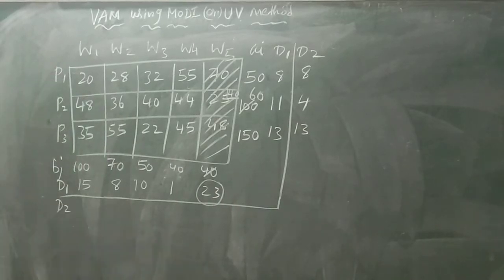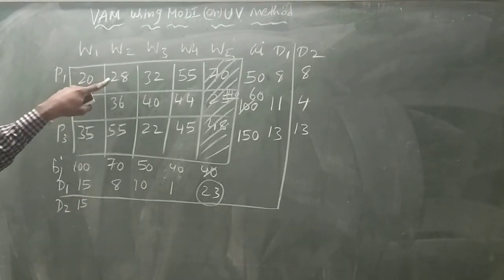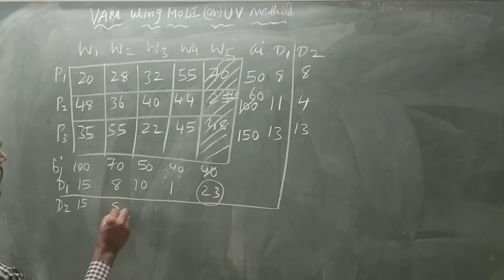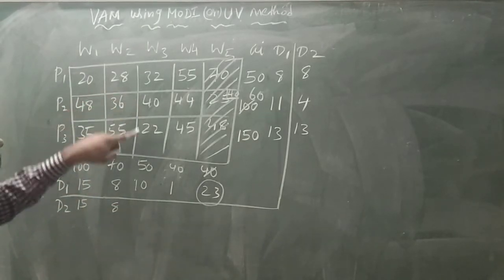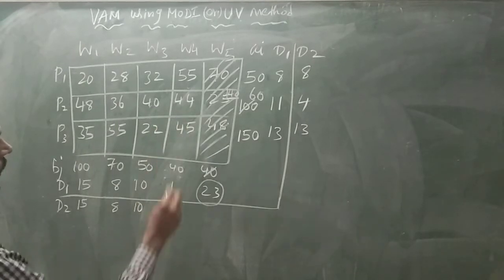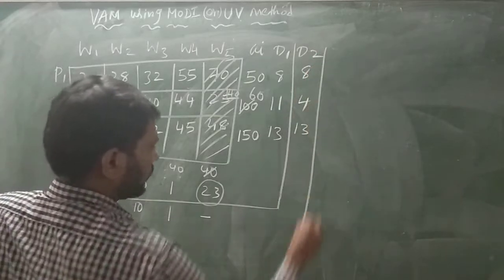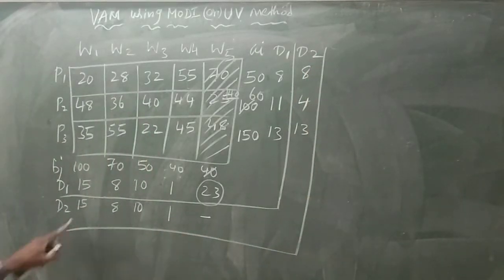Same thing for columns: first column, least value is 20, another least value is 35, the difference is 15. In the second column, 28, 36, difference is 8. In the third column, 22, 32, difference is 10. In the last column, 44, 45, difference is 1. Fifth column, there is no value. In this second difference, the highest value is 15.